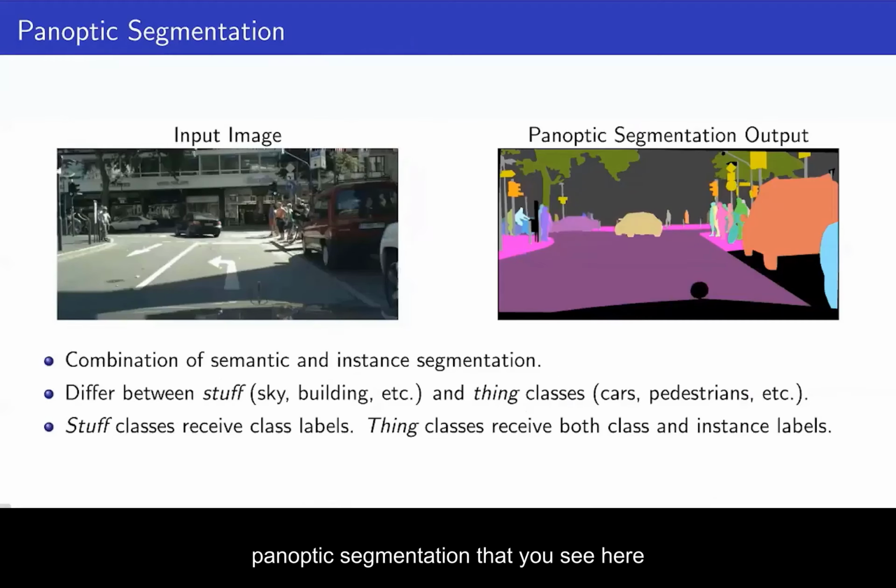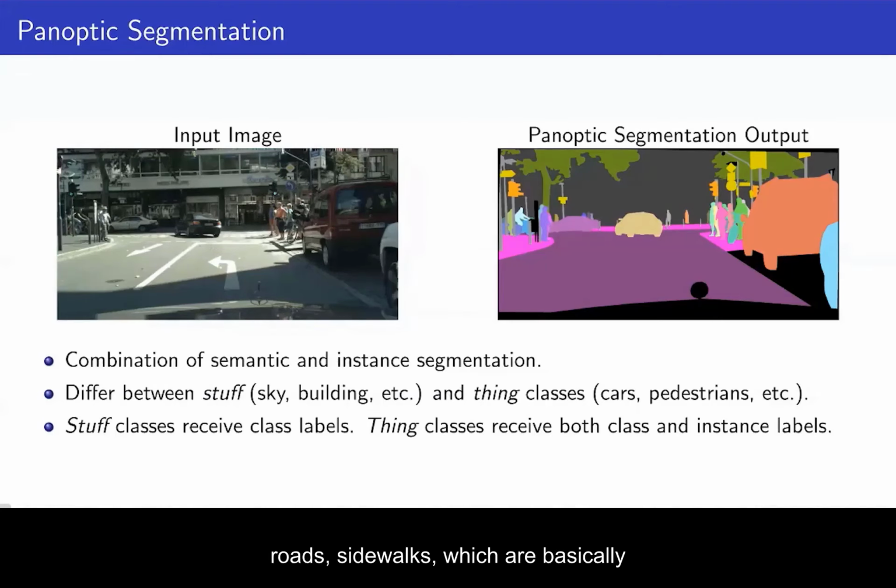Okay, finally there is the task of panoptic segmentation that you see here on the right. Panoptic segmentation is a combination of instance segmentation and regular semantic segmentation. So panoptic segmentation introduces this concept of things and stuff. The categories of things contain objects such as people, cars, cyclists, and so on. And these are the objects that we want to do instance segmentation on.